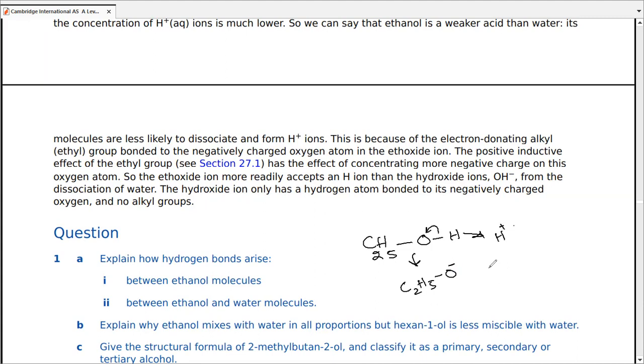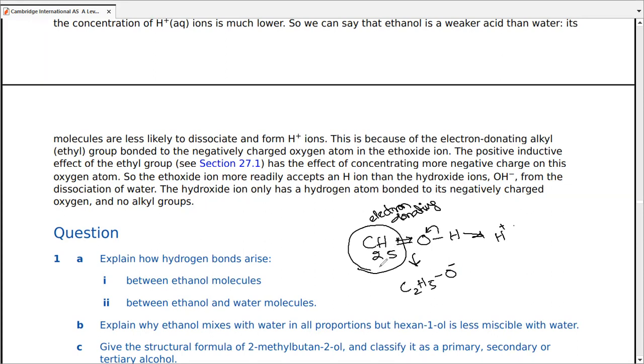Now we do understand that this happens less because of the presence of this. Why? This is an electron donating group. Alkyl groups are all electron donating groups, no matter if it's methyl or ethyl or propyl.